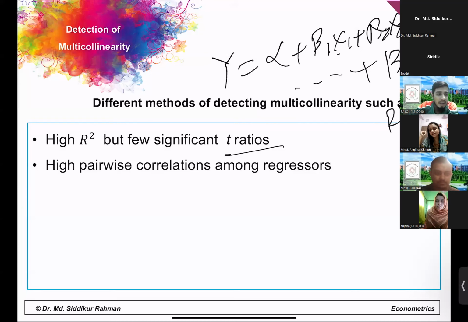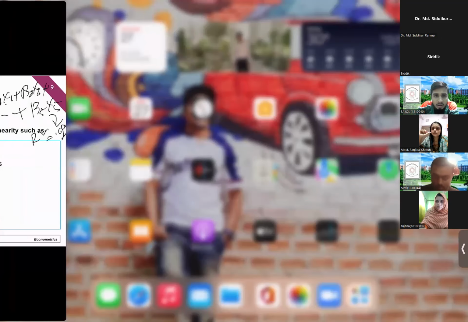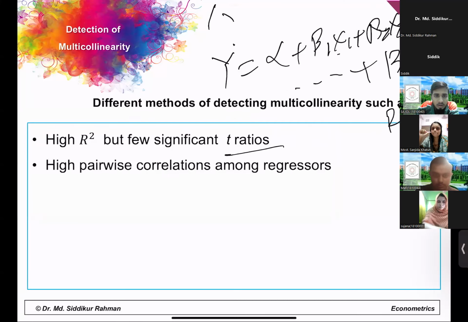Pair means two variables. Okay, suppose you have 5 or 6 variables, right? So you can test the pairwise correlation.